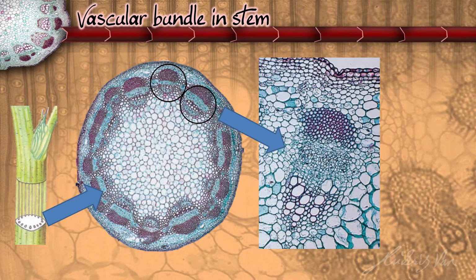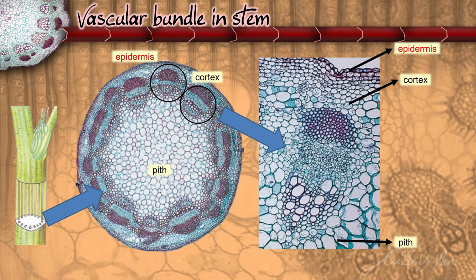But first, other parts of the stem include the epidermis, which is the outer layer. Underneath the epidermis layer, we have our cortex layer, which is not important. The center is called the pith. The pith can be used for storage of food, but again, it's not very important.